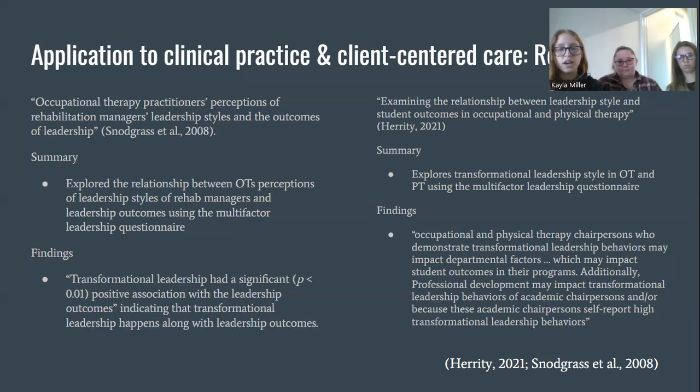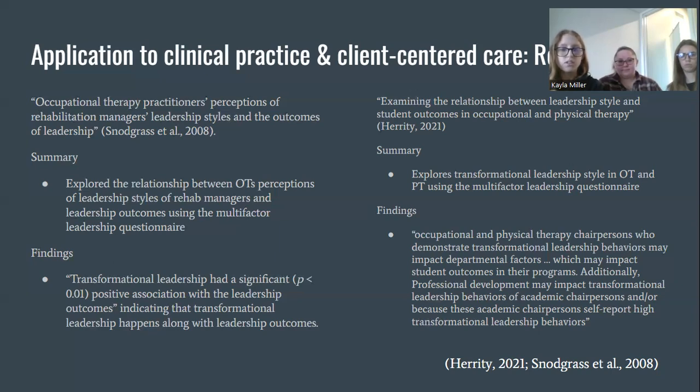And so the findings of that article indicated that transformational leadership had a significant positive association with leadership outcomes. So basically, the transformational leadership style happens along with that outcome or positive result of leadership. This means that when that transformational leadership style is used, there's also more evidence of adequate leadership outcomes.